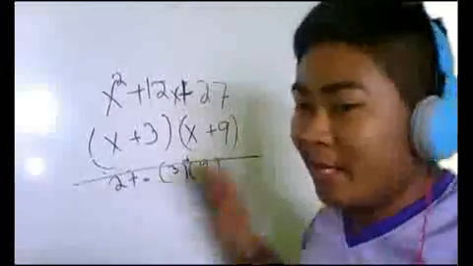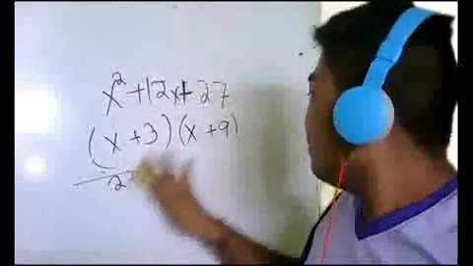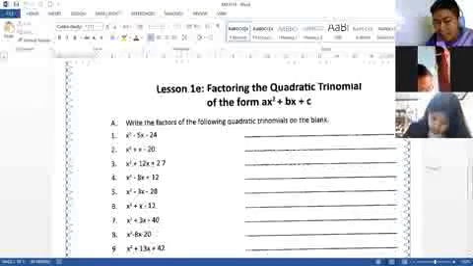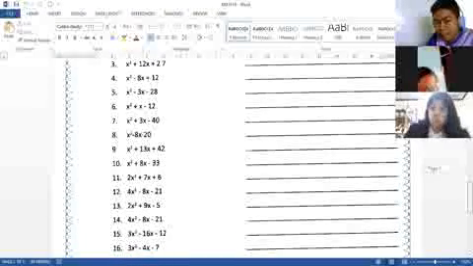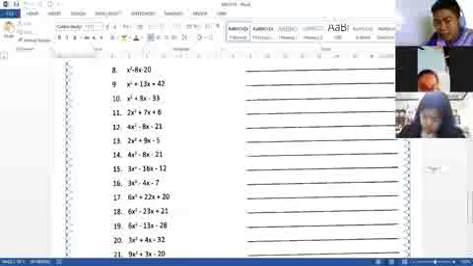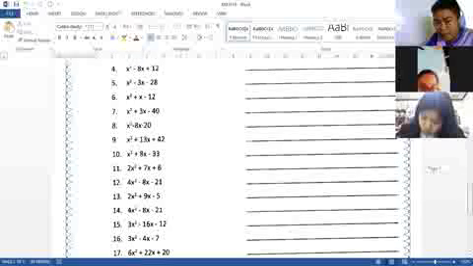Okay, another example para mas clear. Let's try to answer number 11.